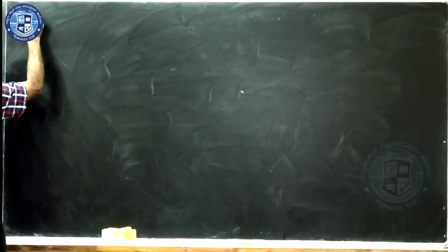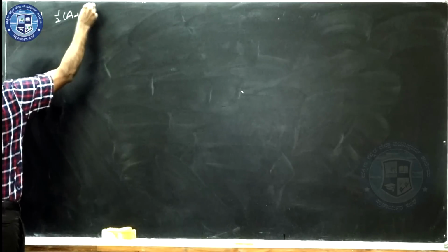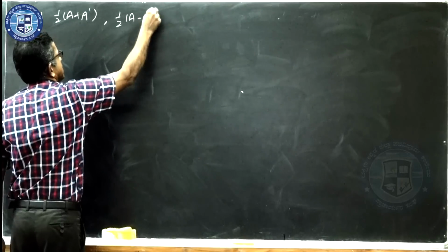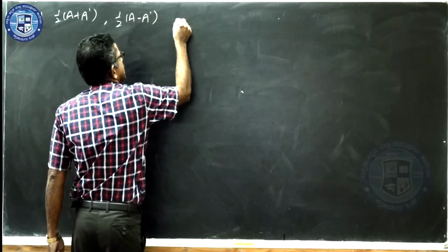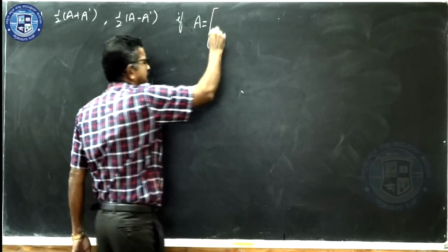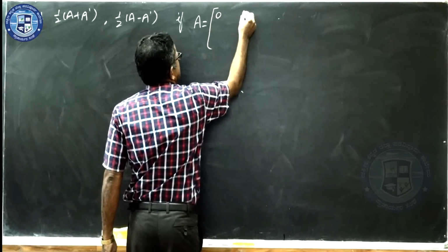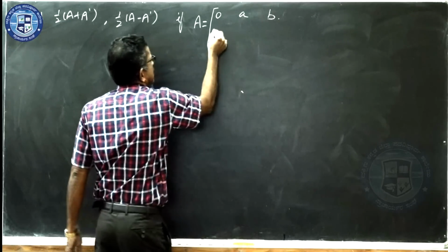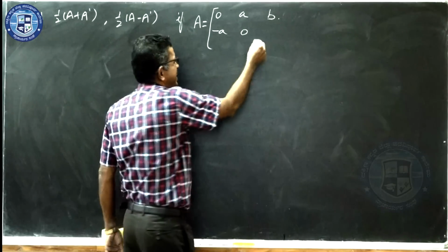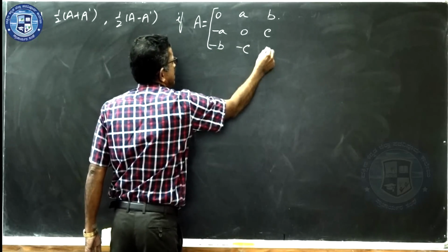Find half of A plus A dash and half of A minus A dash, if A is given as a skew symmetric matrix: 0, a, b; minus a, 0, c; minus b, minus c, 0.